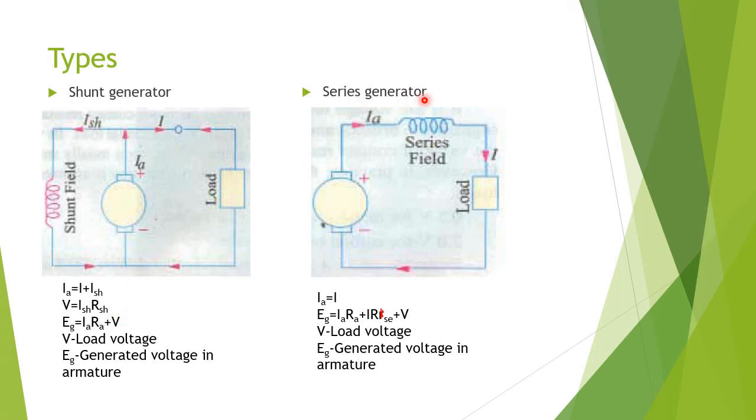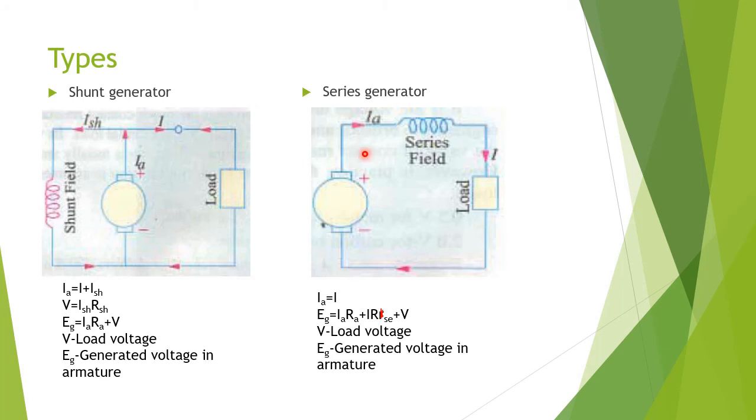And now let us see the series generator. In series generator, the armature is in series with the field windings and the load. So the current through the circuit is the same, all are in series. So IA is equal to I. Then apply Kirchhoff's voltage law.